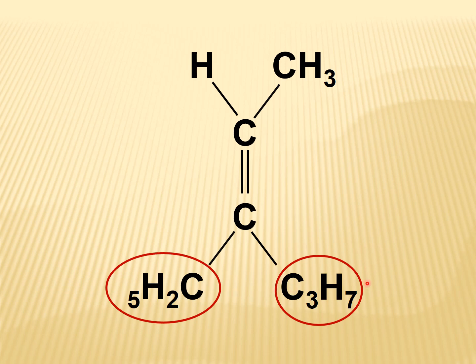Rather than that, there is an easier method in case of alkyl groups alone. In case of alkyl groups, the higher the alkyl group, the more will be the priority. So C3H7 is a larger group compared to C2H5, so the priority will be more. So C3H7 has first priority, C2H5 has second priority.